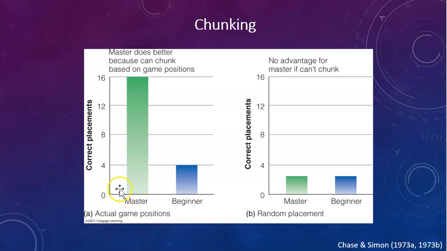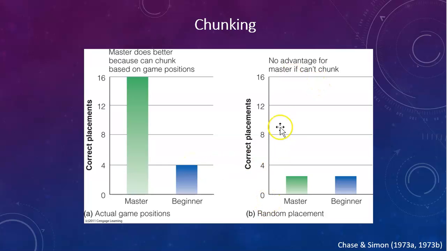So a lot of placements or game positions, they can chunk into groups that kind of mean the same thing. And so the master is able to hold more information in their mind at a time because they know how the proper game positions are. Whereas a beginner isn't as aware of that, so they're not able to use chunking. So they're only going to be able to remember a few of the correct placements.